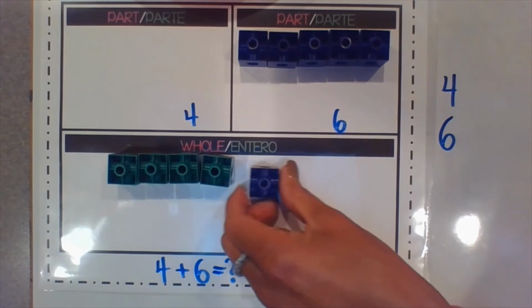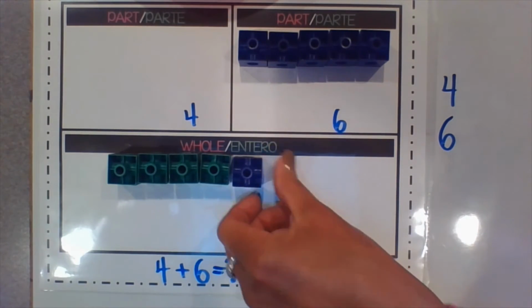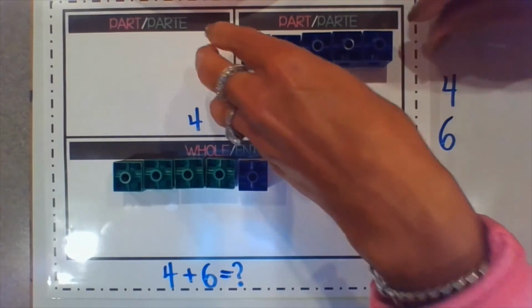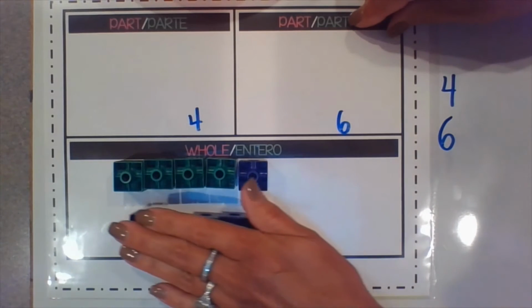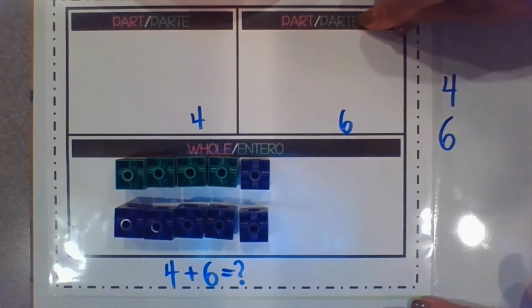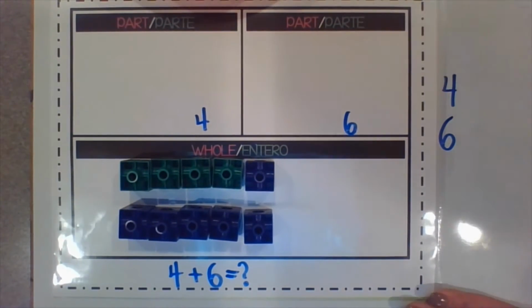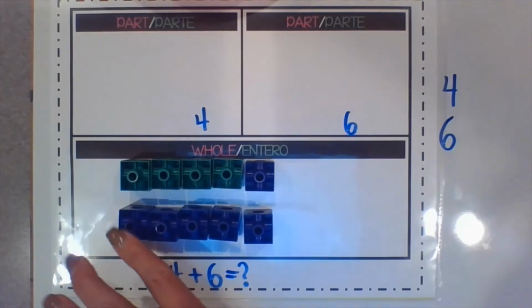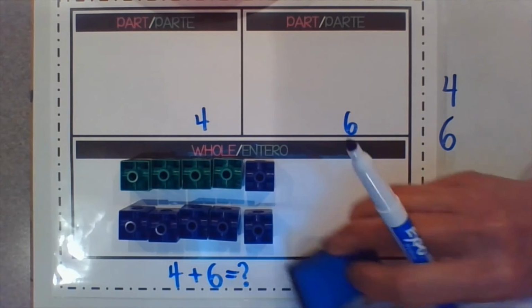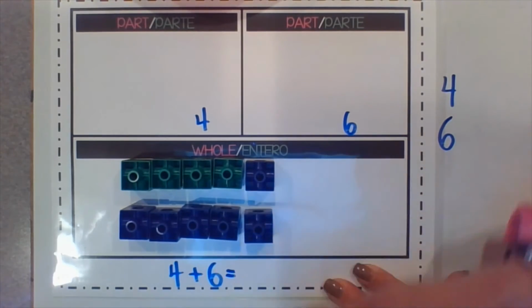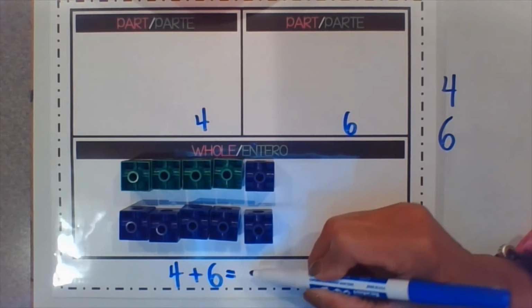So here's Jaden's, and now I'm going to put 1 there because that makes 5. And remember, putting things in groups of 5 makes counting more efficient. So now when I look at this, I could see that there were 5, 6, 7, 8, 9, 10. There were 10 snowballs that Jaden and Myra had for their snowball fight.